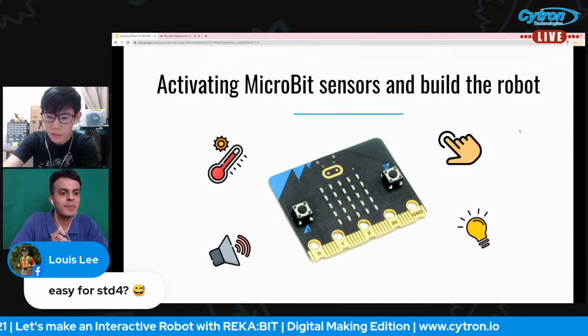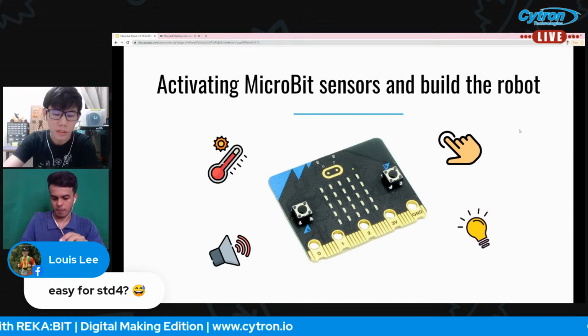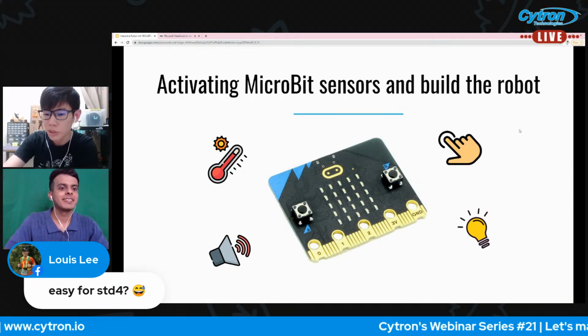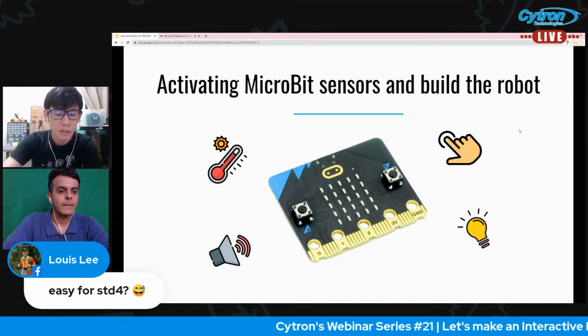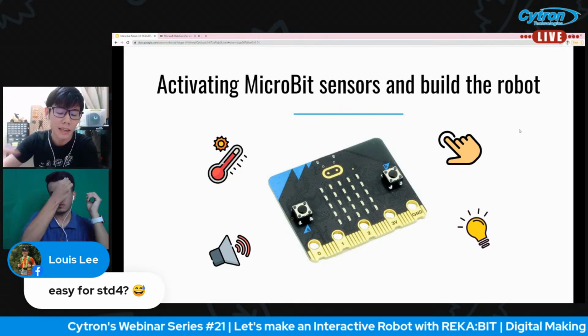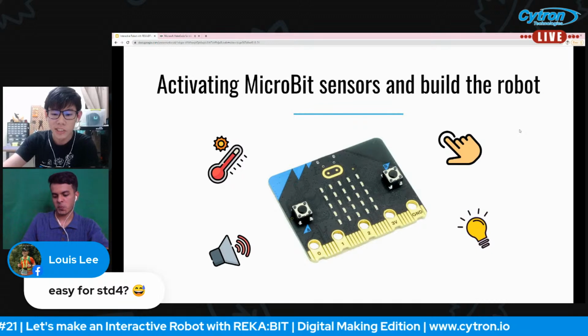There's one more, maybe I can take it. Is it easy for standard 4 students? Standard 4 is primary school students who are 10 years old. I would say students at 10 years old can start with Scratch and then microbit. And then REKA bit is like the next level of microbit, like an extension.